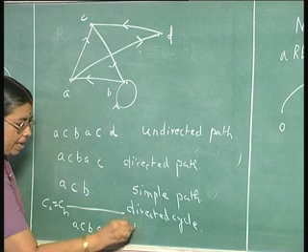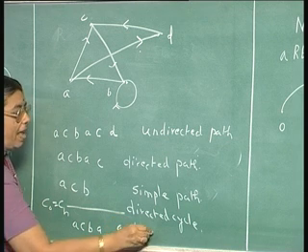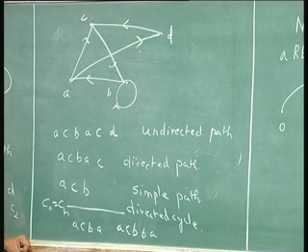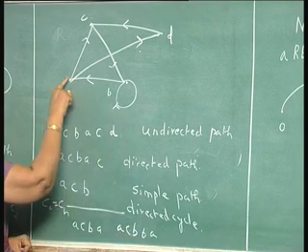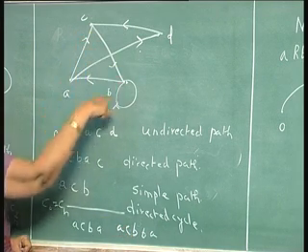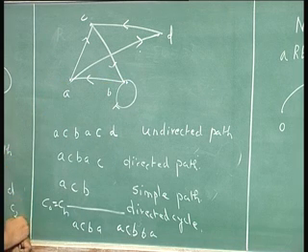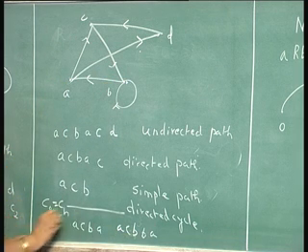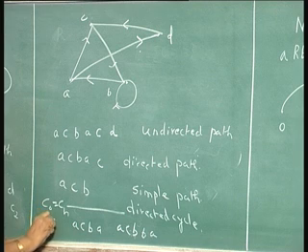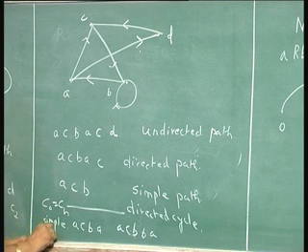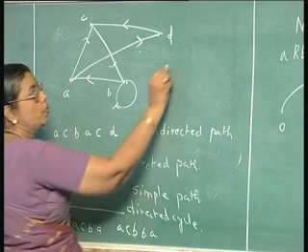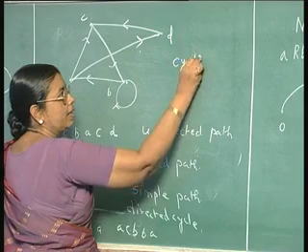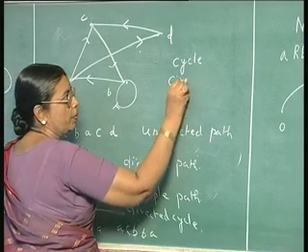A, C, B, B, A is also a directed cycle. This is not a simple cycle because B is repeated twice. A, C, B, B, A is a cycle, but it is not a simple cycle. This is a simple cycle. This is not a simple cycle. So, you use the word cycle, in some books they will use the word circuit.